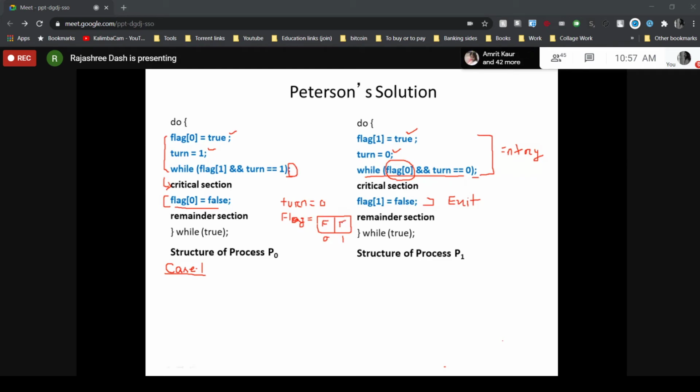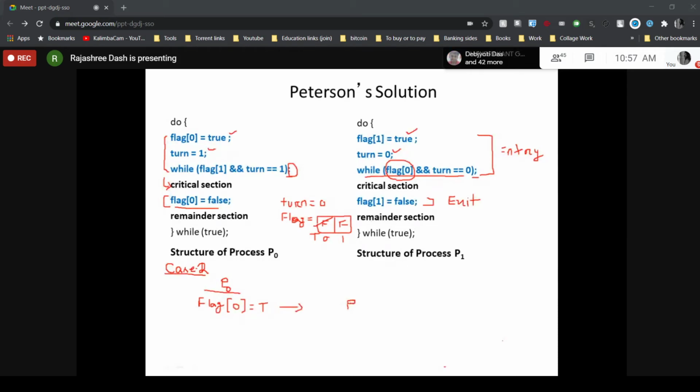Okay, let's consider case 2. Let P0 start and execute its first statement, flag 0 equal to true. So that means it has made this one true. Now at this point let P1 start.